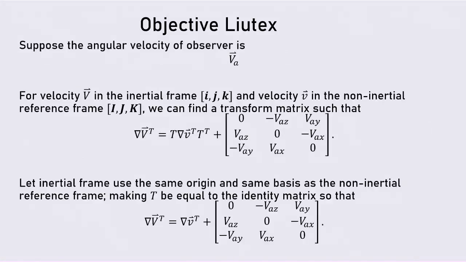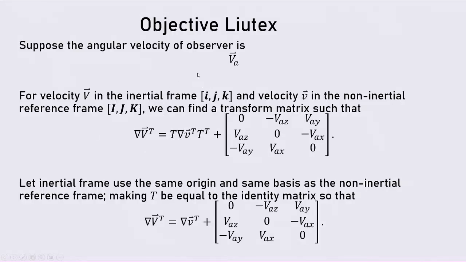We suppose the angular velocity of the observer is capital VA. For the velocity in the inertial frame and the velocity in the non-inertial frame, we have this relationship with the transformation matrix T, going from little ijk to big ijk.